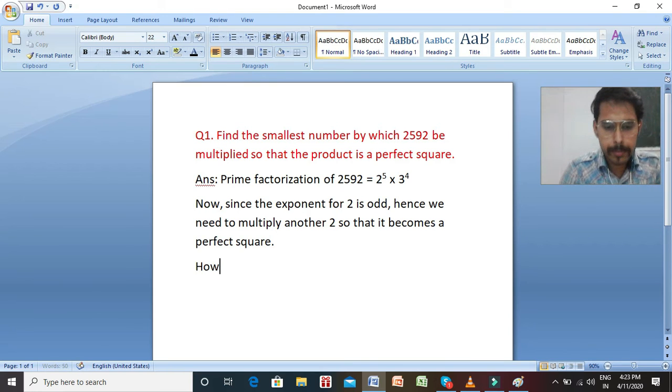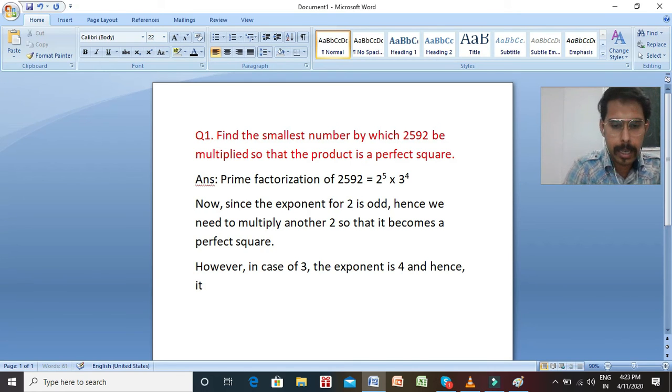However, in the case of 3, the exponent is 4 and hence it is already a perfect square.